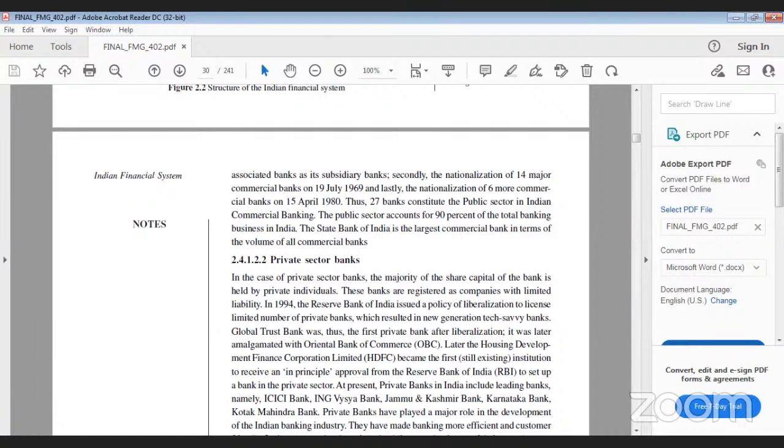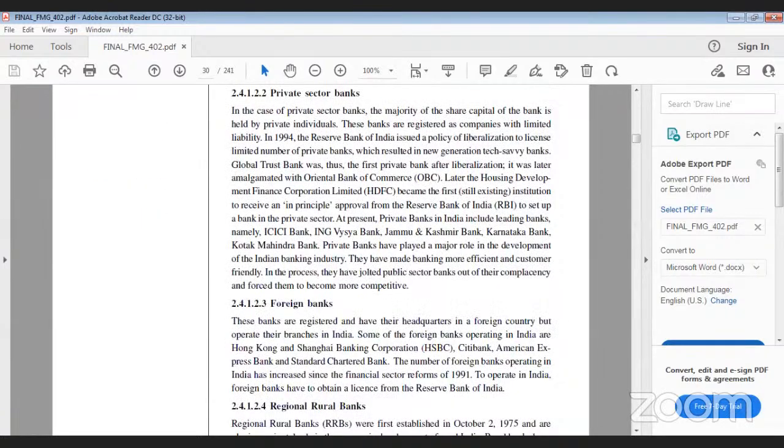The present private banks in India are led by ICICI Bank, ING Vysya Bank, Jammu and Kashmir Bank, Karnataka Bank, Kotak Mahindra Bank, and they play a major role in the development of the Indian banking industry. They have made banking more efficient and customer friendly.